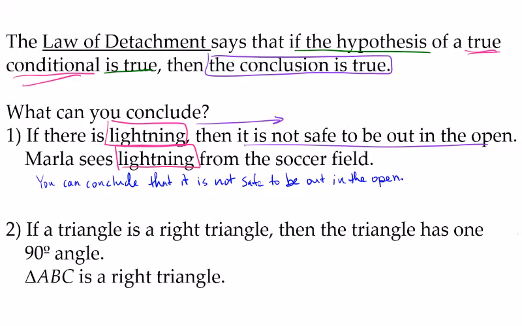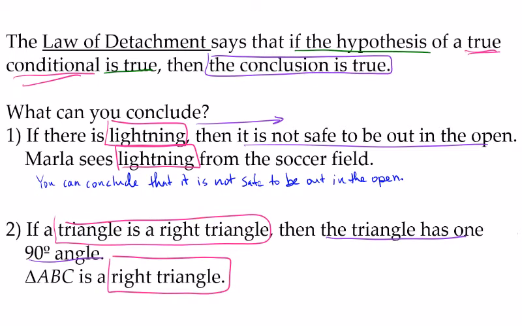All right, number 2. If a triangle is a right triangle, then the triangle has one 90-degree angle. So once again, we have a conditional statement. If a triangle is a right triangle, we have the hypothesis. Then the triangle has one 90-degree angle. So that's our conclusion. So then we're given ABC is a right triangle, right? So we have a right triangle, which satisfies the hypothesis.